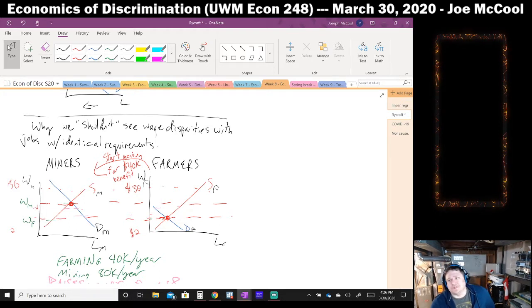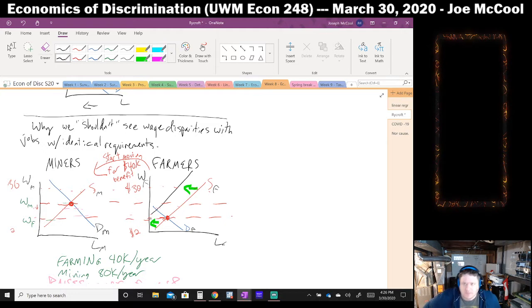Now they won't do this forever, because the supply curves are going to shift. People are leaving farming, so we have a supply shift going this way. Remember what happens with a supply shift? Something happens to the workers or the employee pool. There aren't as many workers there anymore.